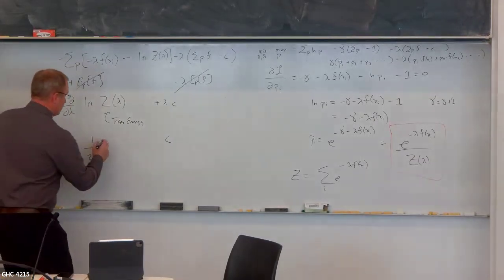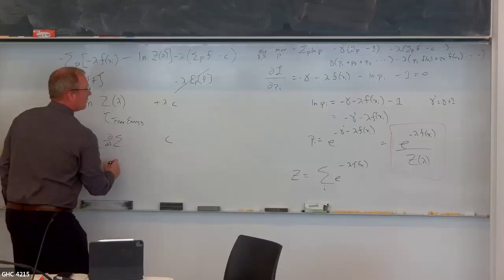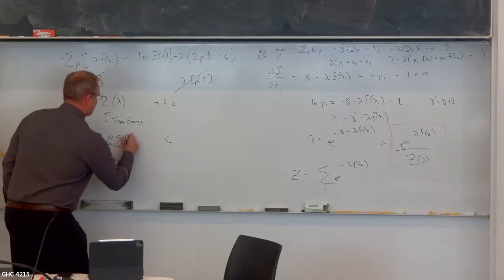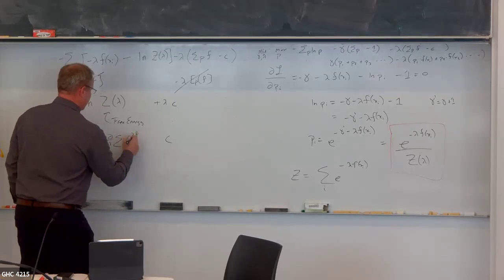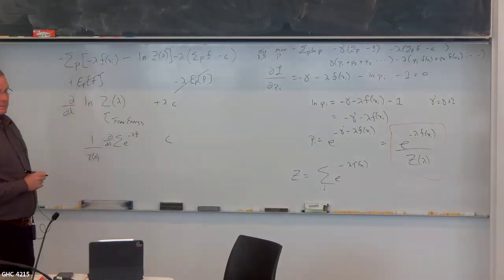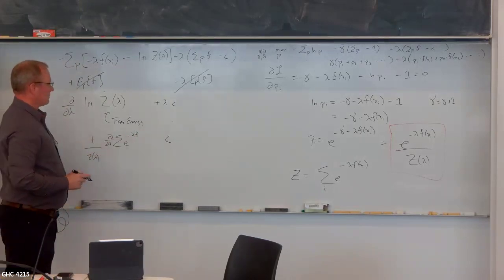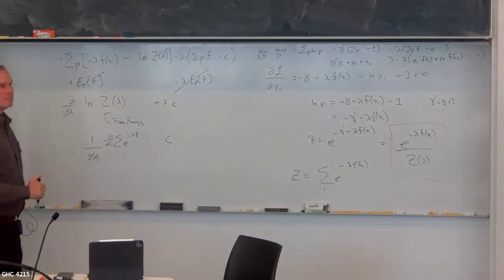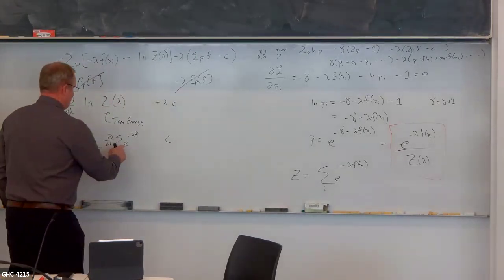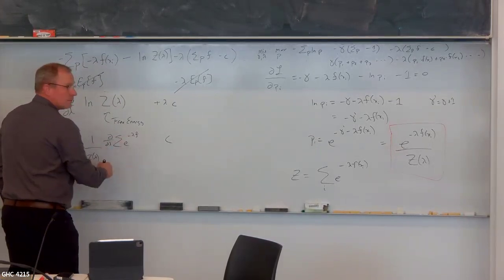It's the derivative with respect to lambda of the sum of e to the minus lambda f, right? Because that's what Z is. Z is just the thing that makes it normalize again. What is the derivative of this thing with respect to lambda? The minus is going to pull down and the f is going to pull down, right?